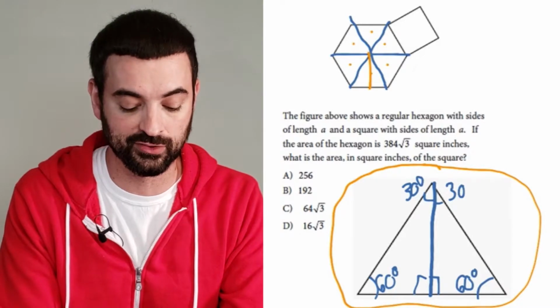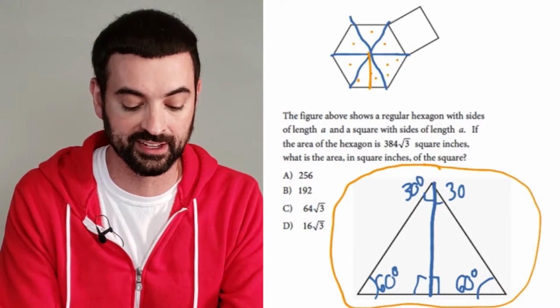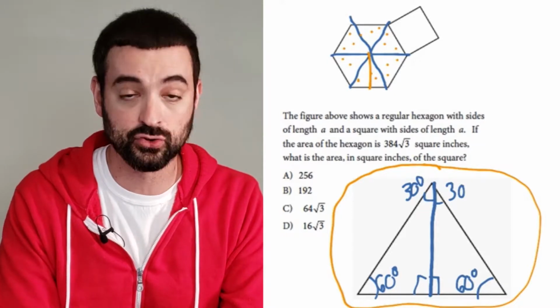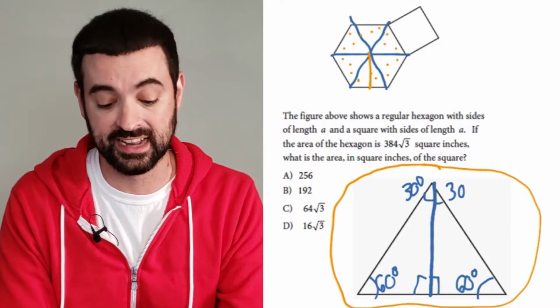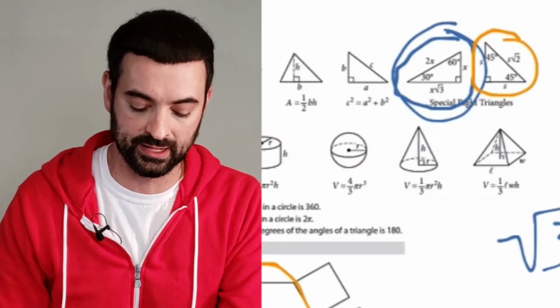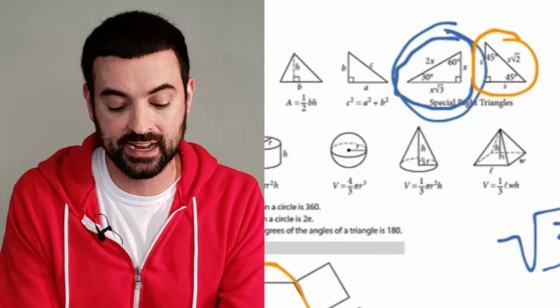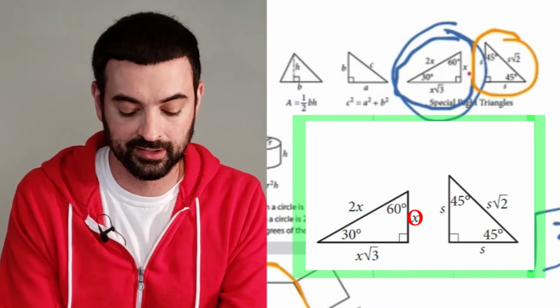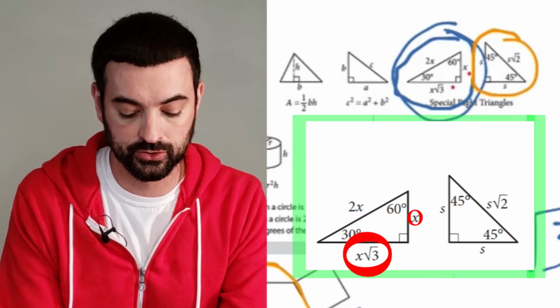But you can think of this as 12 30, 60, 90 triangles. The reason this is helpful is, going back to our diagram, 30, 60, 90 triangles have this proportion: x, x root 3, 2x.